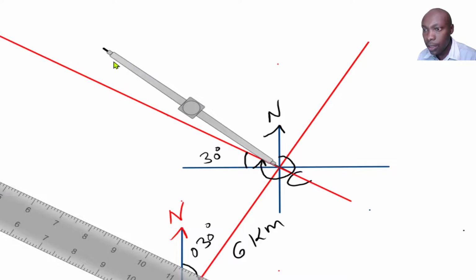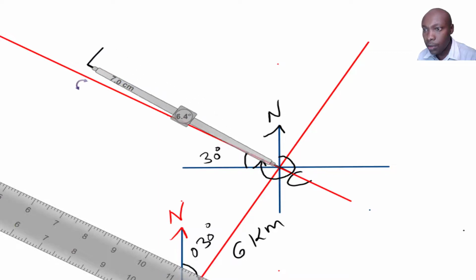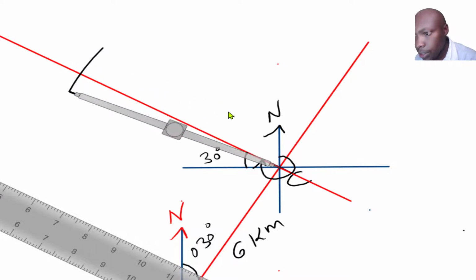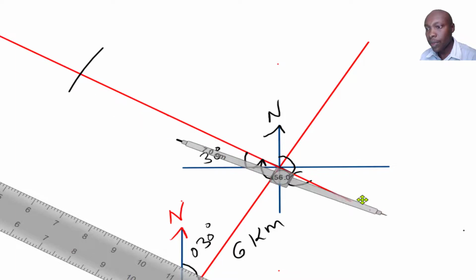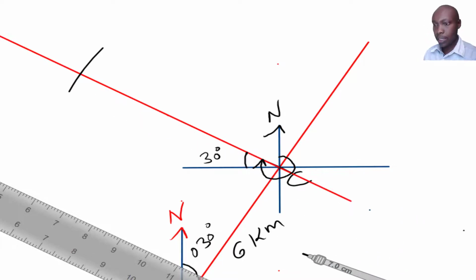That is the 7 centimeters. Then we can mark that point. So that is 7 centimeters, as you can see. Now that is the point D.